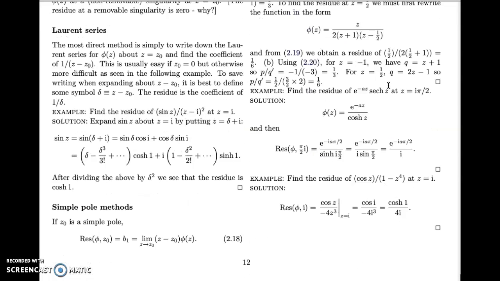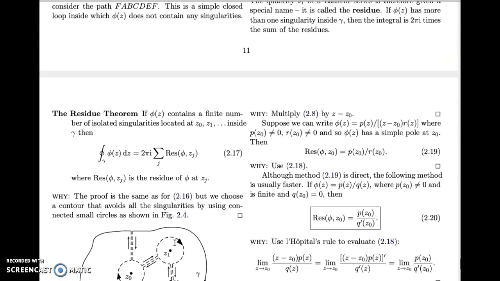So this is really using this in practice. Basically what we're saying is that if you see this factor on the bottom, Z minus Z0, and you realize that causes it to be a simple pole, basically because this is not 0 and this is not 0 when Z equals Z0, then all you have to do is get rid of that factor and then evaluate P divided by R at Z0, and that gives you the residue.